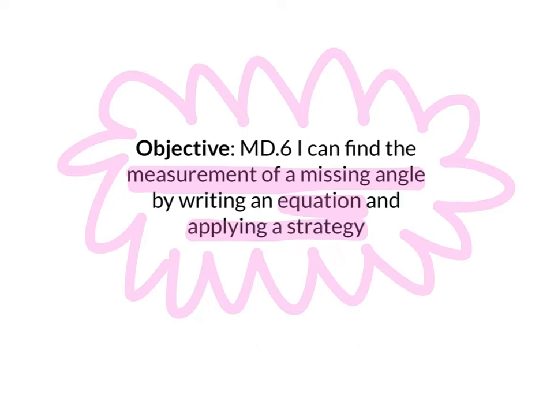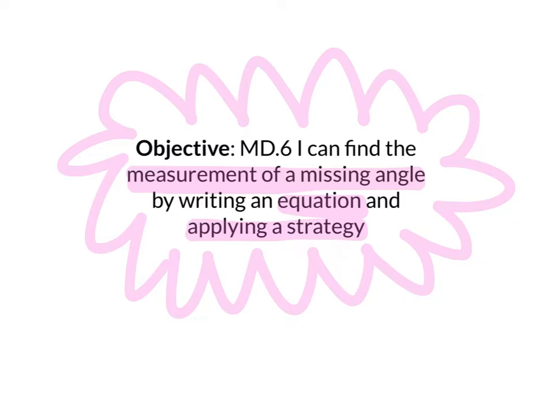Before we get started with our first problem for today, I want to go over a few benchmark angles. So earlier in the year, we learned about benchmark angles, and these are angles that we memorized. We saw them, we knew exactly how much they measured, how many degrees in each angle.